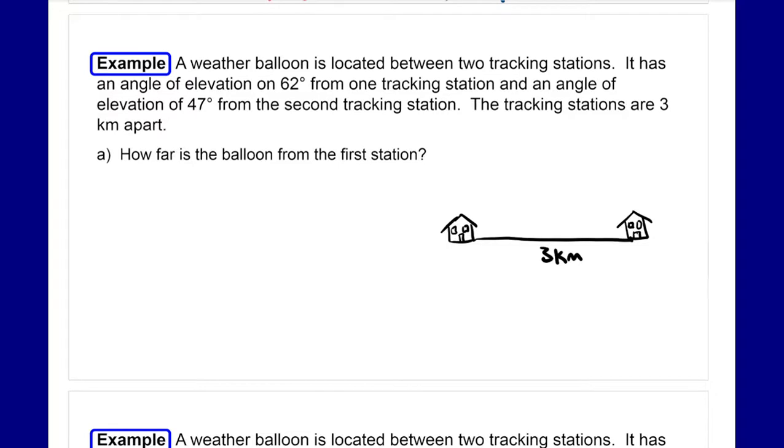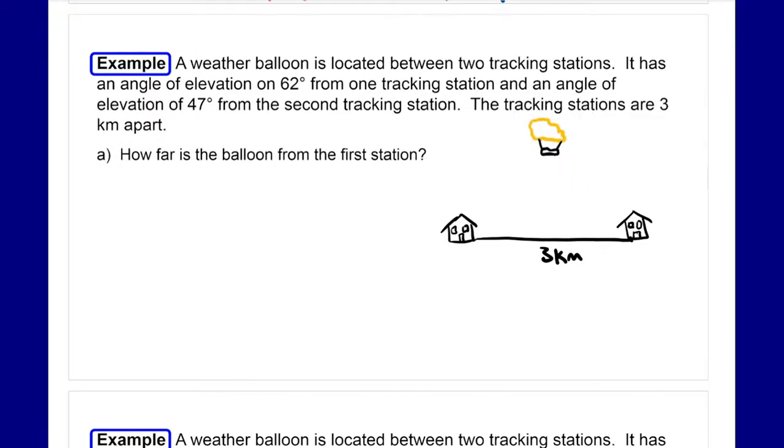And we have our weather balloon that's floating up in the sky. Maybe weather balloons look a little bit different, maybe something like that. And then you've got a little box hanging down from it that's recording information. So there's our weather balloon hanging between our two stations.